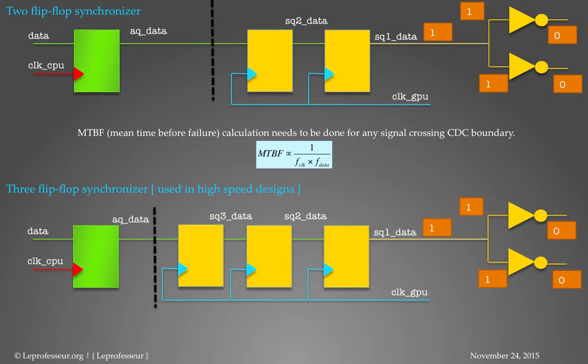Then you simply use that circuit. But nevertheless, you can use three synchronizing flip-flops the same way you have done for two sync flip-flops, and that will make sure that your data is propagated correctly to the rest of the design.